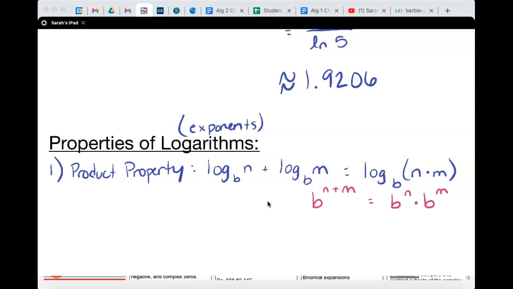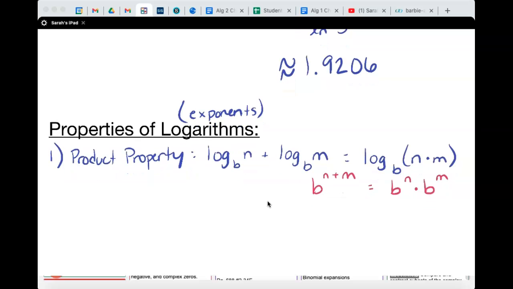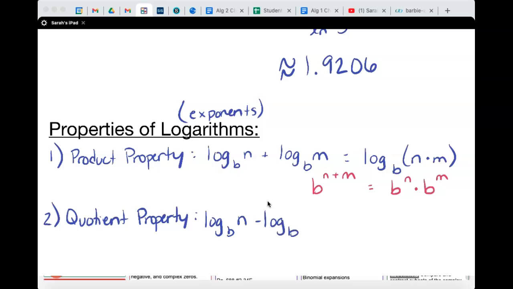Okay, we have another one, which is the quotient property, which is similar to my product property. So instead of adding, I'm going to be subtracting. So if I'm subtracting, then I have log base b of n divided by m.